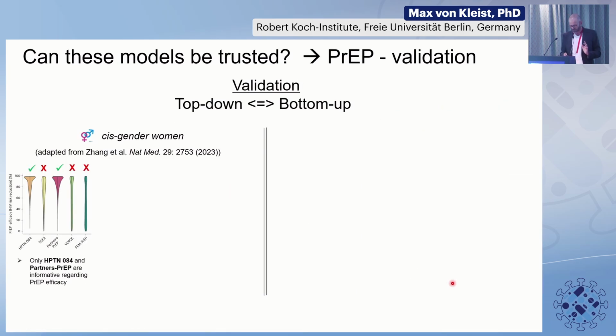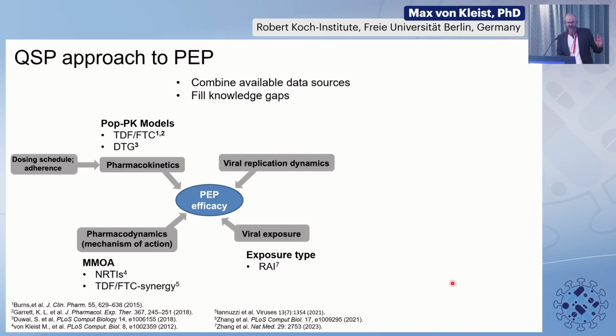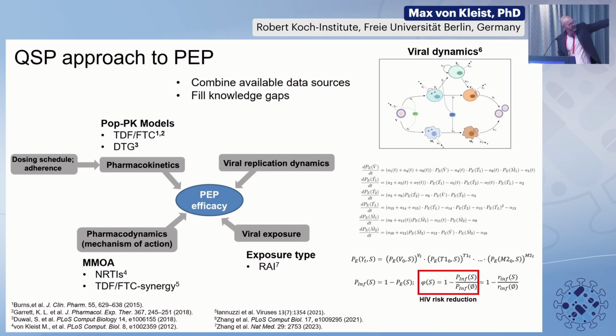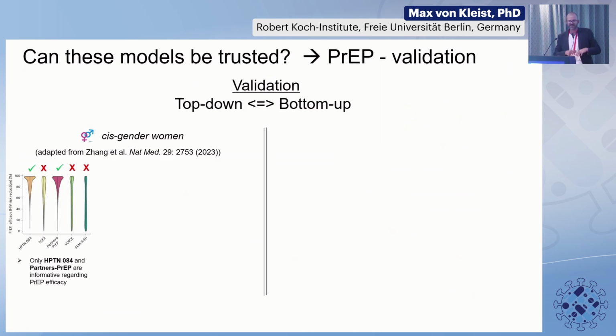While all the individual building blocks of this framework have been validated as well as we could with external data, the end result is difficult to evaluate if you don't have PEP efficacy data. So we do a little trick by looking at PrEP efficacy, which we can do because there are relatively good clinical trials out there.